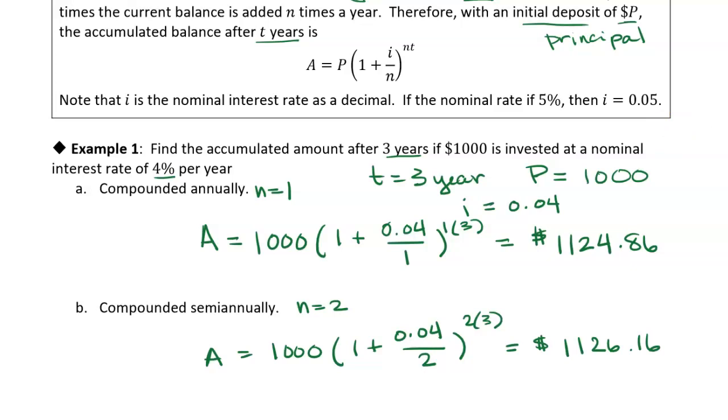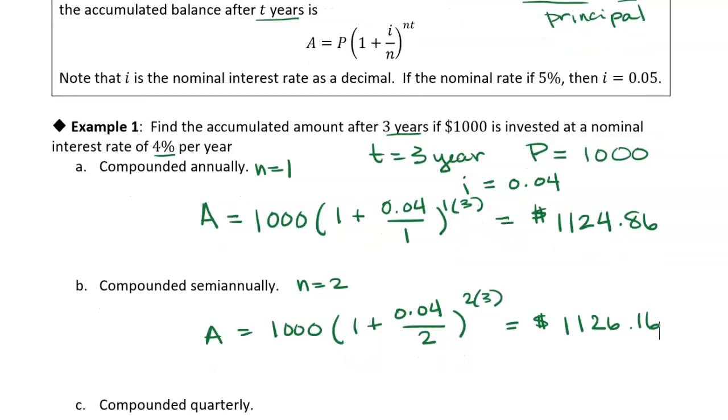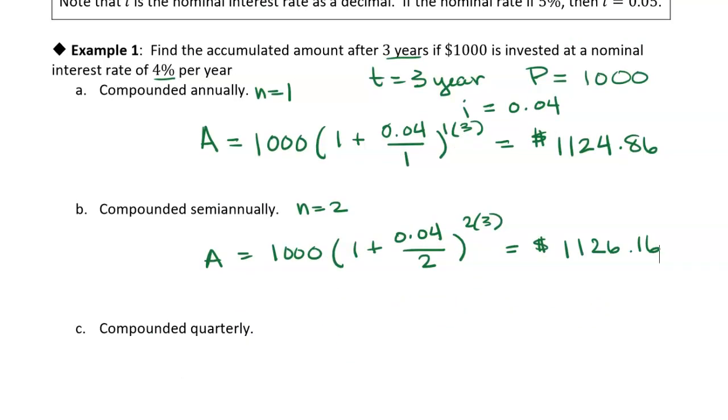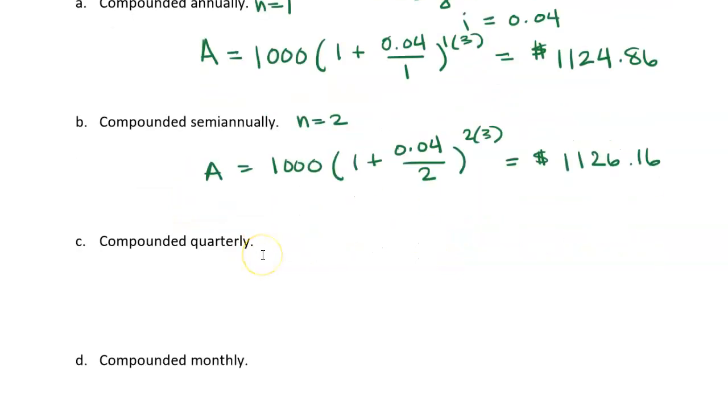So we're just varying the N value. Feel free to pause this at any time. If you feel like you got it, you can work these out yourself. But let's go on to quarterly. Quarterly means N is equal to 4. So 4 times a year we're going to compound this. We take that $1,000, and this time we divide the nominal interest rate by 4.